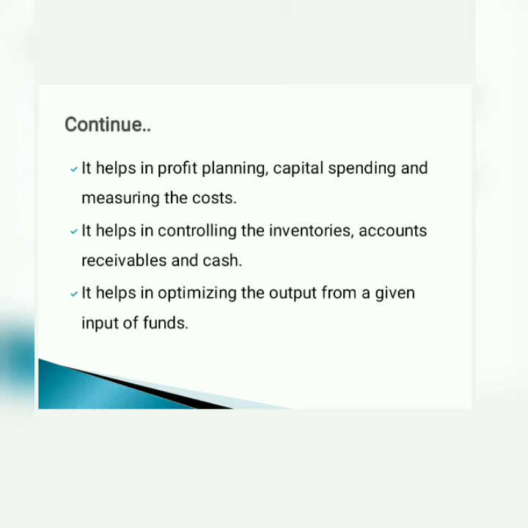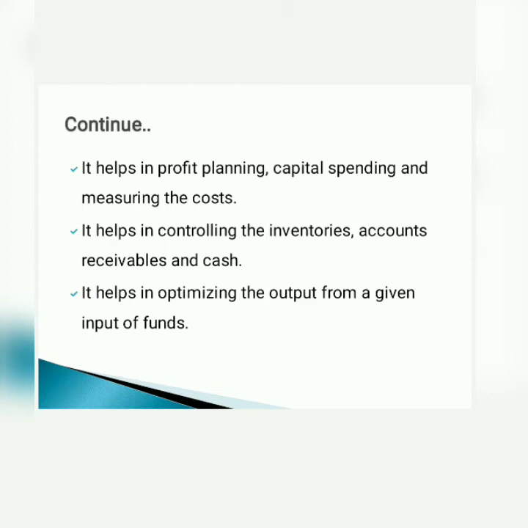In capital spending, it should decide how much funds can be employed on the basis of its expenditure pattern. Likewise, measuring the cost incurred for purchasing raw material or maintaining the finished outlet in the warehouses, etc.